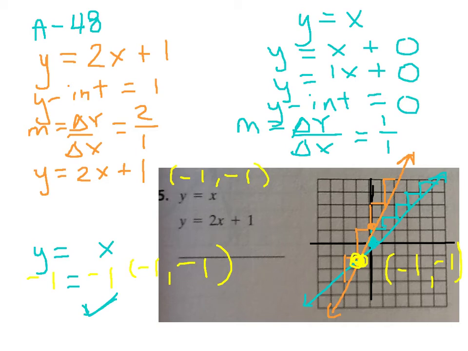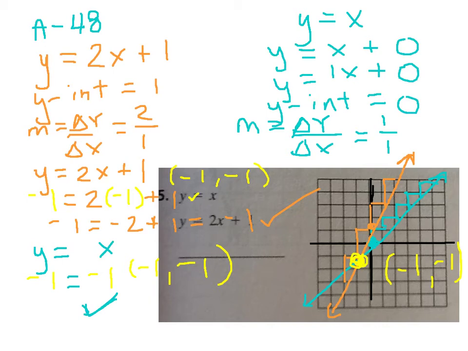So my y is negative 1, and that's equal to 2 times my x, which is negative 1 as well, plus 1. So I end up with negative 1 is equal to negative 2 plus 1, which gives me negative 1. So negative 1 equals negative 1, and it checked in that equation as well. So I know I'm right.